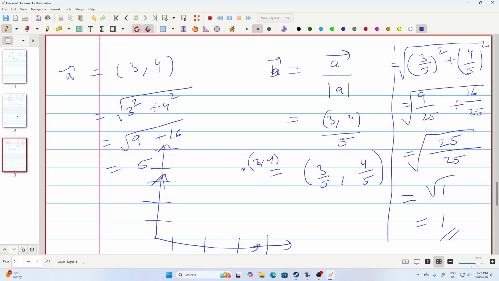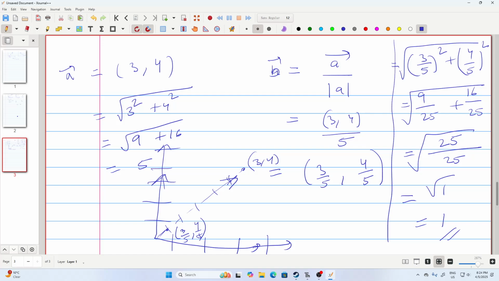If you divide this into 4 parts, sorry, not 5 parts, 4 parts, the length will be 1 2 3 4 5. So if this was the actual length, now this 3 by 5 and 4 by 5 will be here. And this is of length 1.